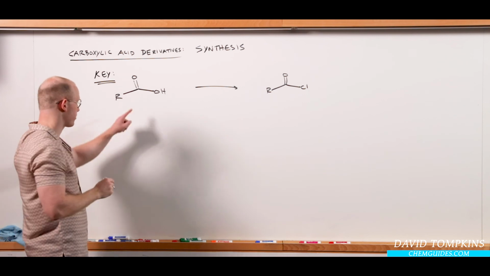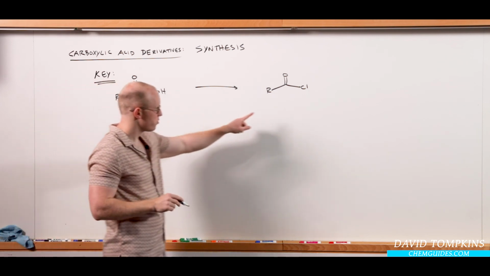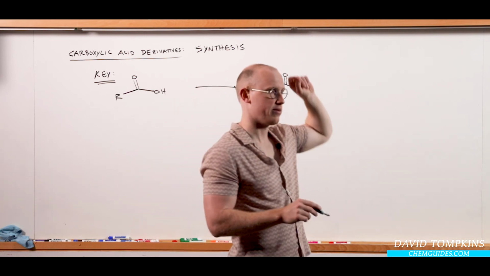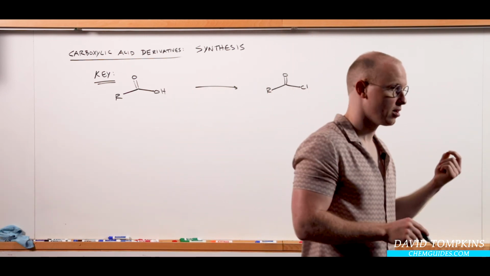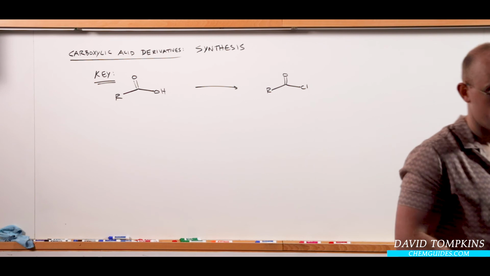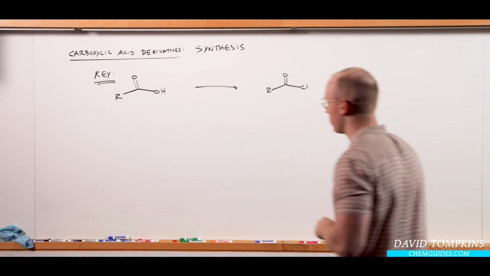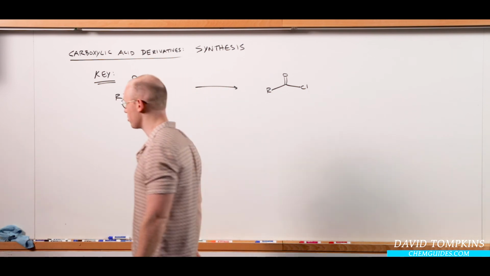So one key transformation is being able to go from a carboxylic acid to an acyl chloride, or to be able to transcend the reactivity ladder. And this is normally not allowed. You cannot add sodium chloride to this and it will not make a chloride, right? We know the carboxylic acid is more stable.